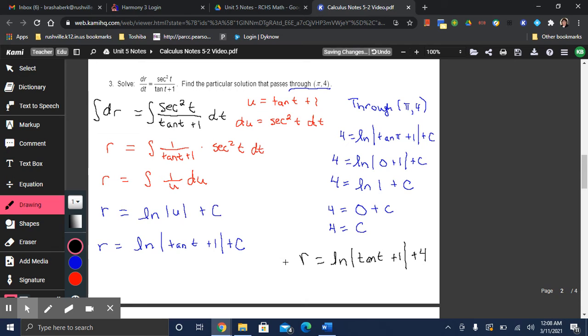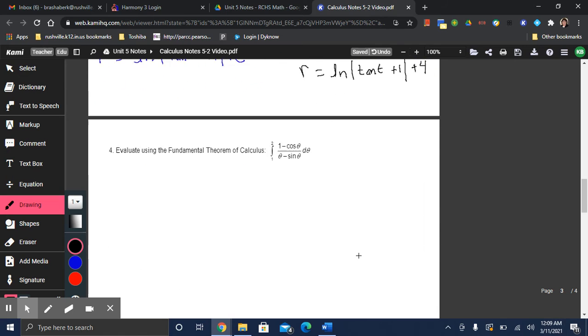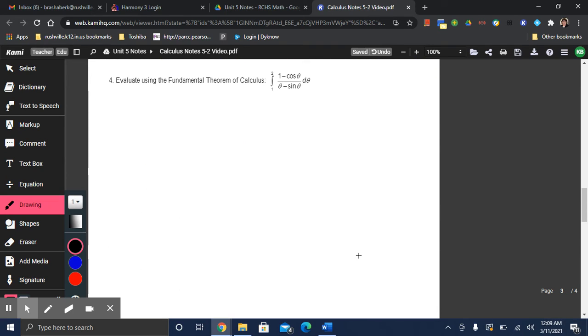So there you have your solution to this differential equation. Once again, notice we did not have a logarithm in the original problem, but your answer ended up with one.